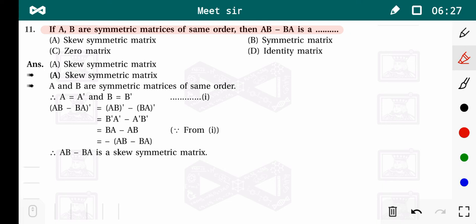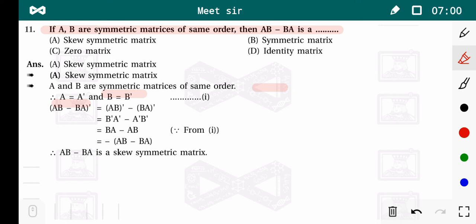Now, given that A and B are symmetric matrices, we know that A is equal to its transpose, that is A dash, and B is equal to B dash, that means its transpose. Now, we have to check whether AB minus BA is symmetric, skew symmetric, zero or identity.